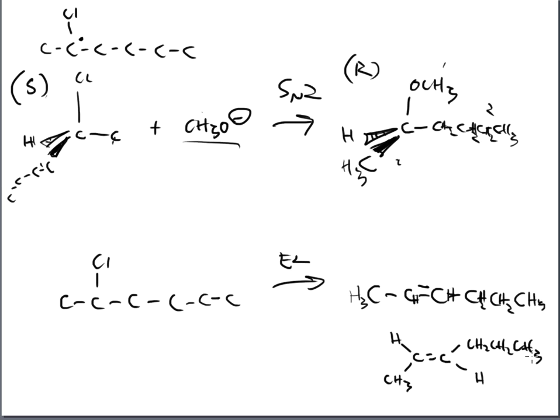If we wanted to name this, we can. Let's take a stab at this product up here at the top. 1, 2, 3, 4, 5, 6. So this is a hexane. And at carbon number 2, I have this methoxy group. So 2-methoxyhexane.